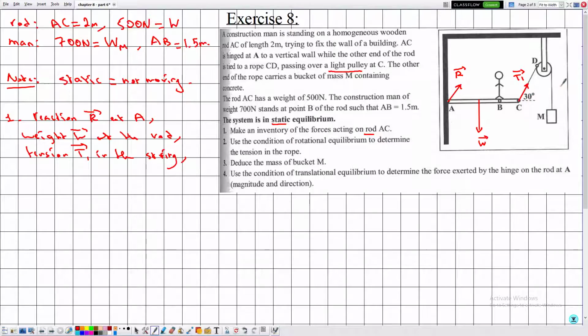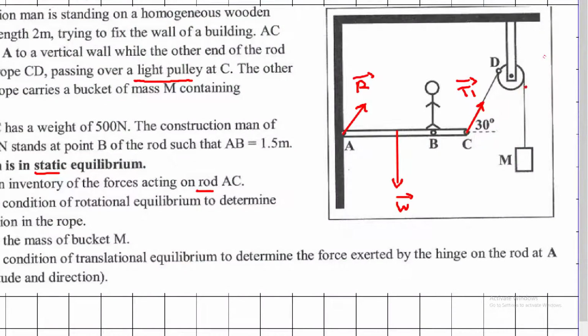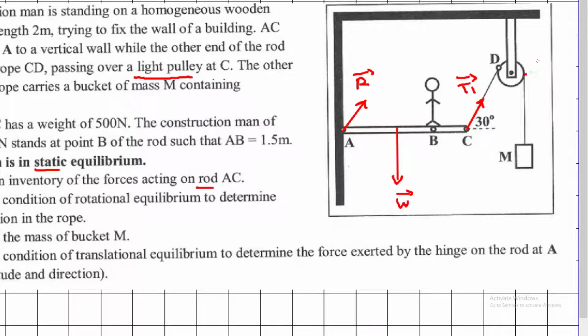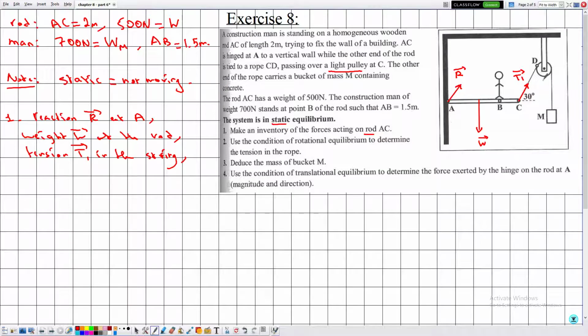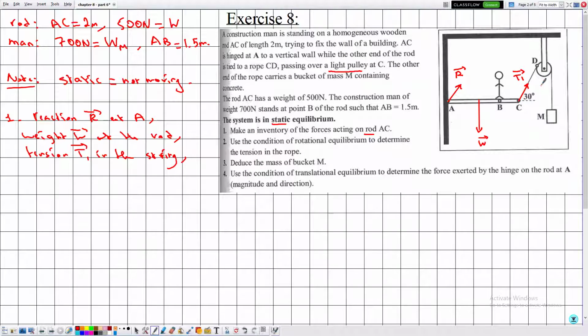Now I repeat: what about the weight due to this mass, and the other tension that is here? We don't take these forces into consideration because this is an external system. We are talking only about the rod. This external system interacts with the rod only via this tension, so we can simply consider only the tension T1, which connects this rod with the other system.